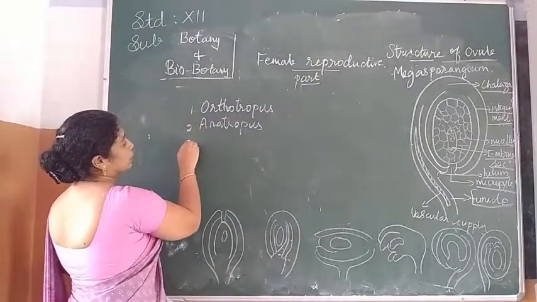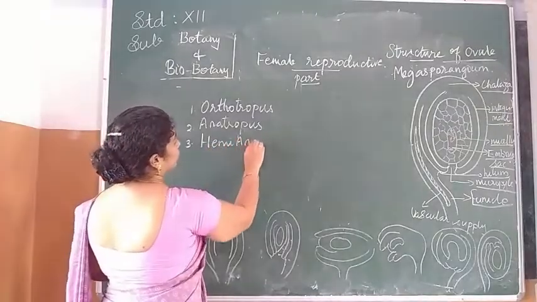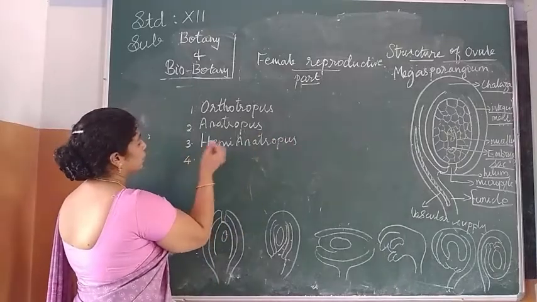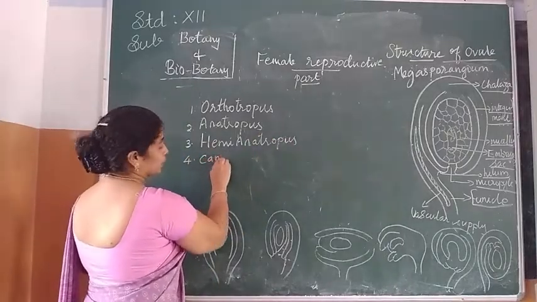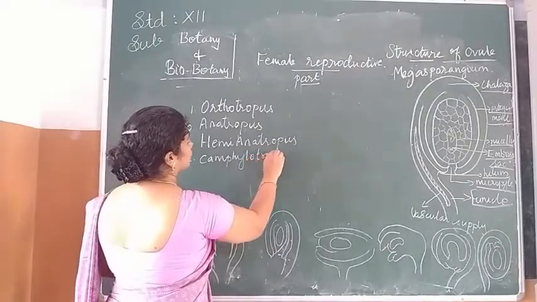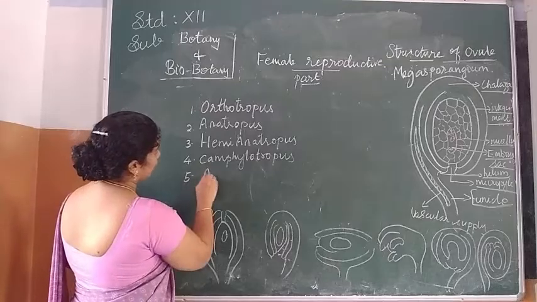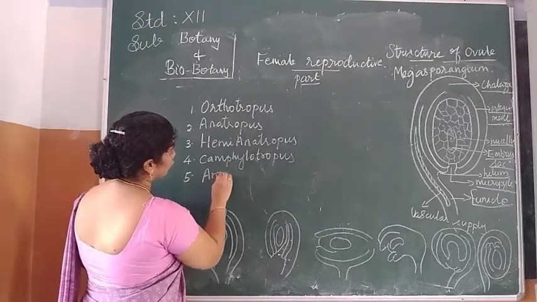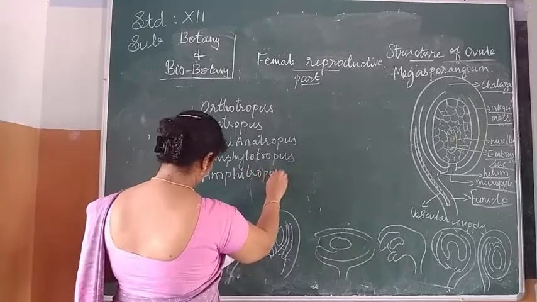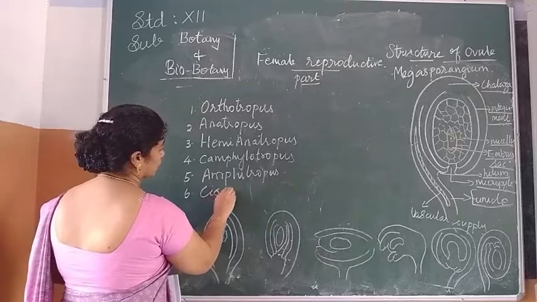Third one, hemianatropous. Fourth one, campylotropous. Fifth one, amphitropous, and the sixth one.